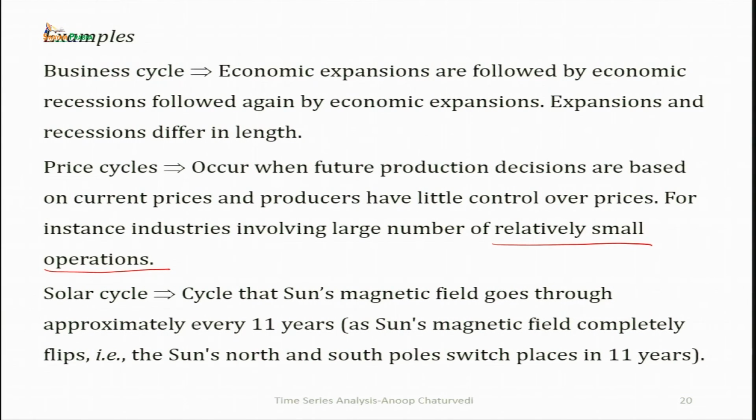Solar cycles: the cycle that the sun's magnetic field goes through approximately every 11 years. This is a very popular example of periodic variation. Actually, the sun's north and south poles switch places in 11 years.